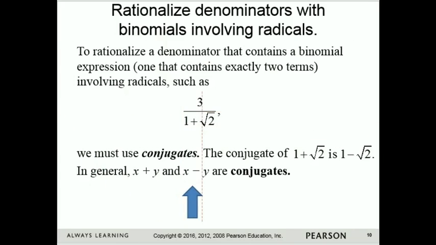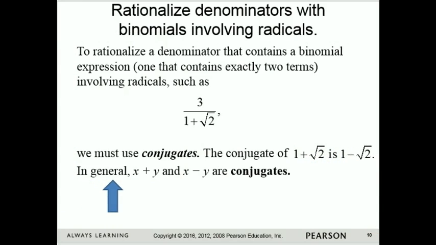So the first step in rationalizing the denominator of these things is to first determine the conjugate of the denominator. So for example, the conjugate of 1 plus the square root of 2 is 1 minus the square root of 2. I like to say that basically the operator in the binomial is changing sign.